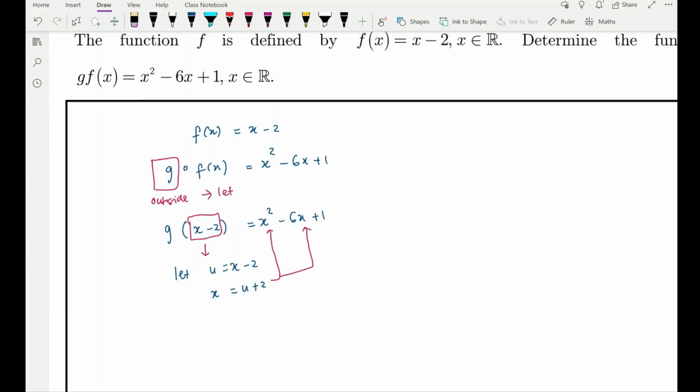And then we substitute g(u) equal to (u plus 2) squared minus 6(u plus 2) plus 1. And then we can simplify the answer.